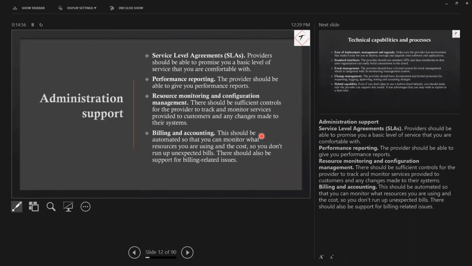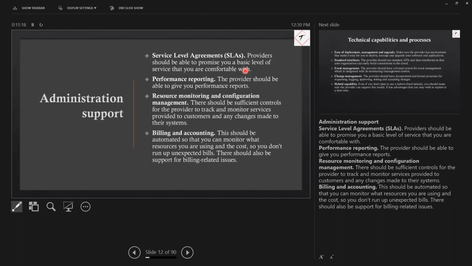The other thing you would need to know is in terms of support, what are the different SLAs, so the service level agreements they promise you, and how comfortable are you with it, depending on the cost they're offering to achieve this SLA. What is the kind of reporting they will provide you?